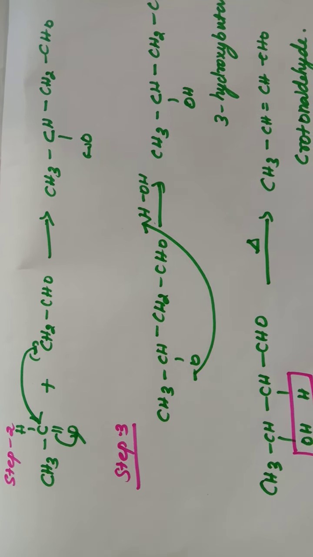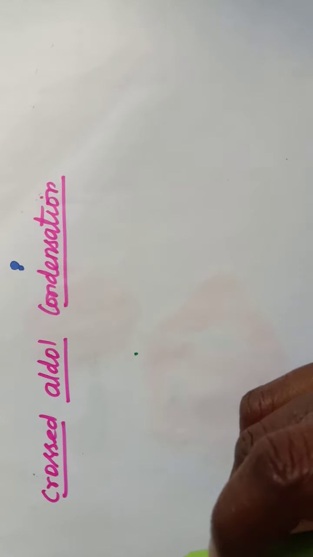Next we will see the crossed aldol condensation. When the aldol condensation reaction takes place between 2 different aldehydes or ketones, that is called crossed aldol condensation.